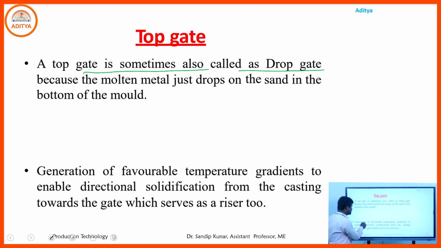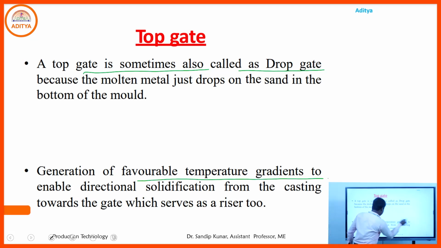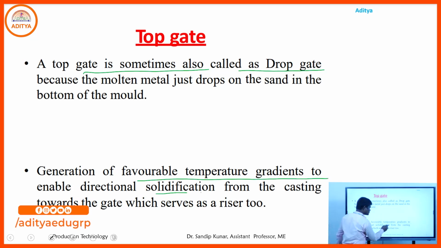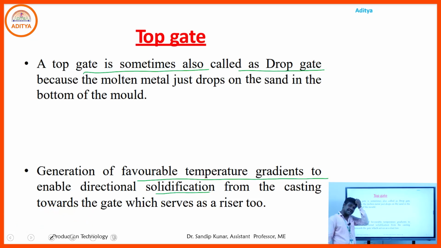So this generates favorable temperature gradients to enable directional solidification. If we maintain the pouring temperature of the molten metal, it will control the flow of the molten metal to the mold cavity easily.